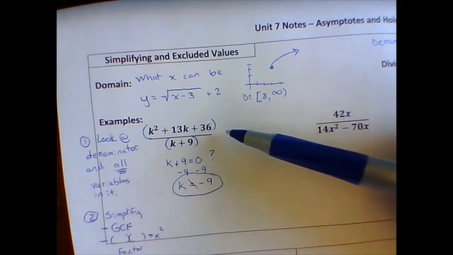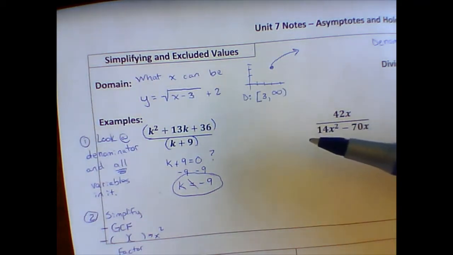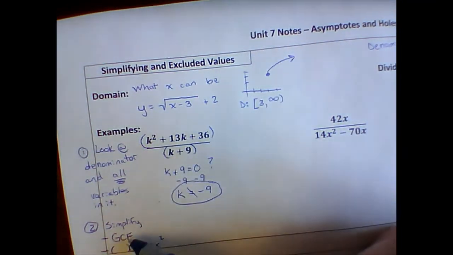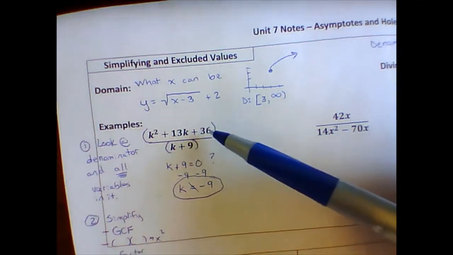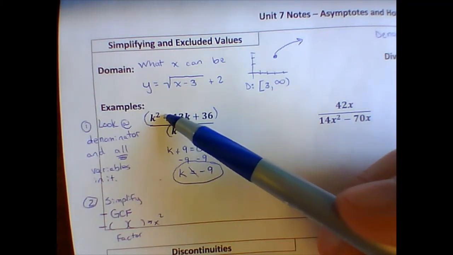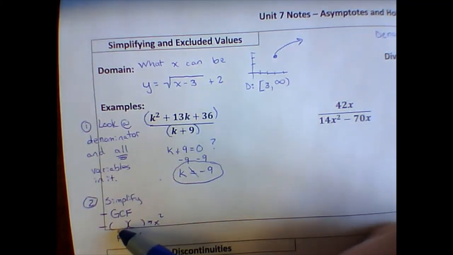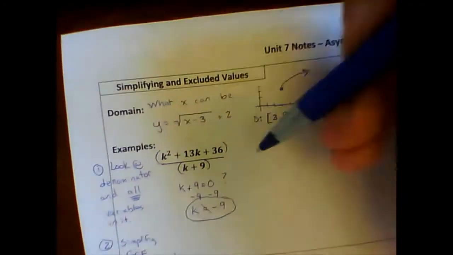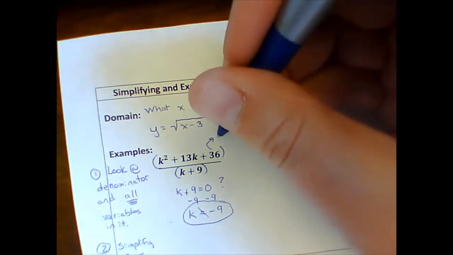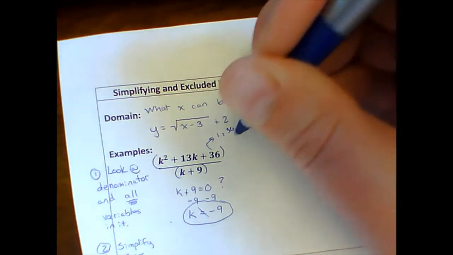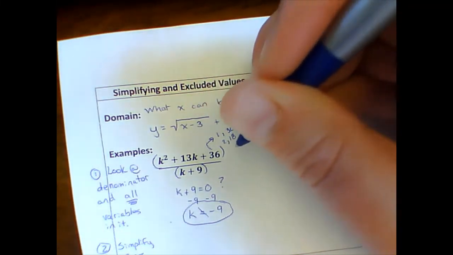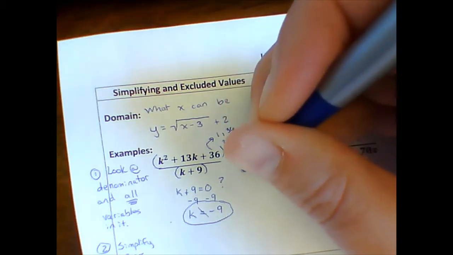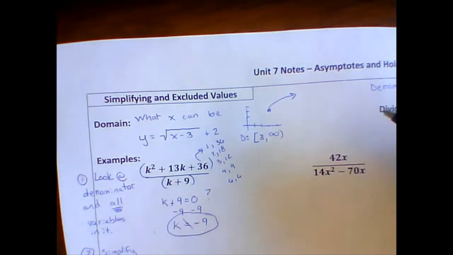Okay, the other instructions for this part, though, is they want us to simplify it. Total simplifying means we also have to factor the top. Okay, and there's a k squared, and there's no greatest common factor anywhere up there, so we're going to have to do 2 parentheses for this. There's nothing in front of k squared, which means we can jump straight to the back, and we're wondering what can times to 36 but add to 13.